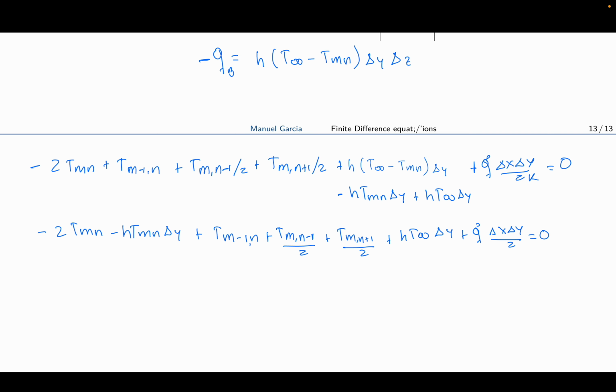A further simplification we can do is put these together. So we have minus 2 plus h delta y, multiplied by Tmn, plus the rest, and the rest is the same.